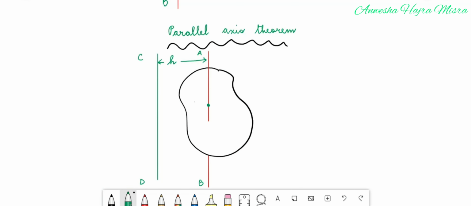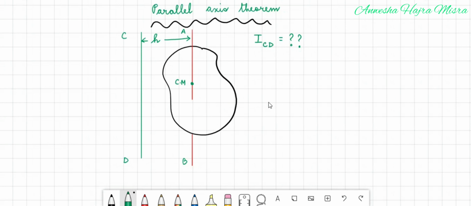This is the center of mass of the body. I want to find the moment of inertia about CD, which is parallel to the axis passing through the center of mass.